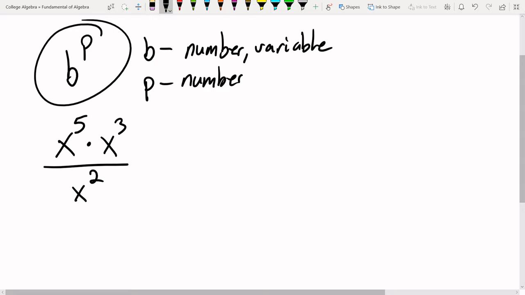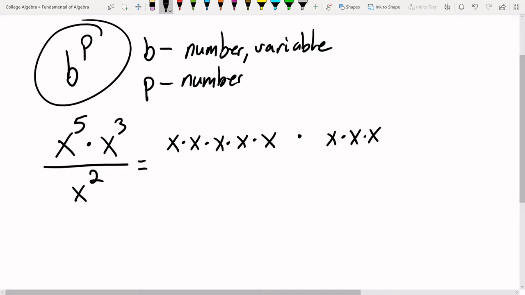And we can. Really what we're doing here is we're expanding all of these powers. X to the 5th is the same thing as x times x times x times x times x. Repeated multiplication is what a power means. Okay? Now x to the 5th is being multiplied by x cubed.